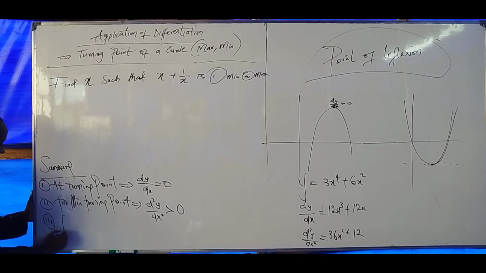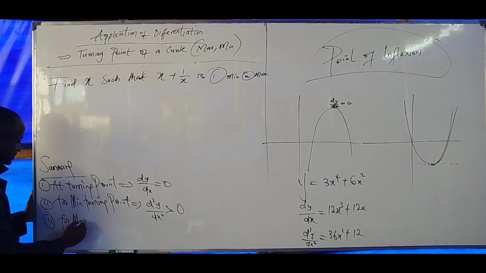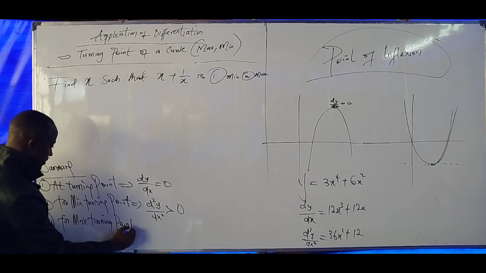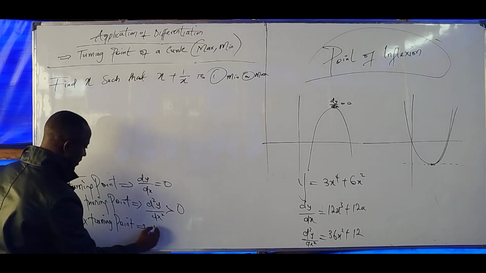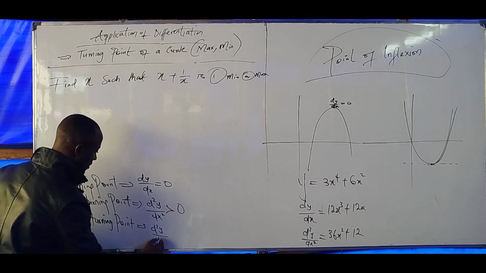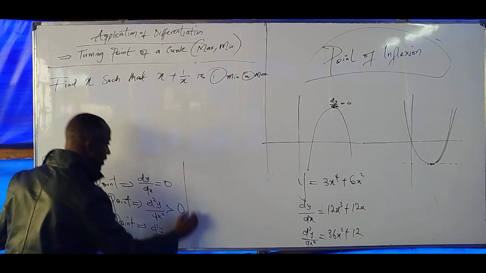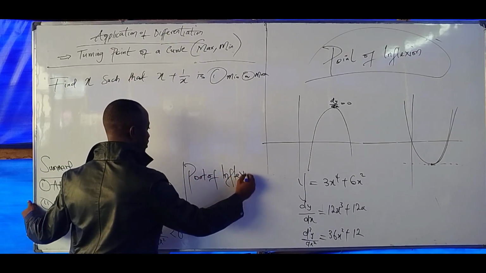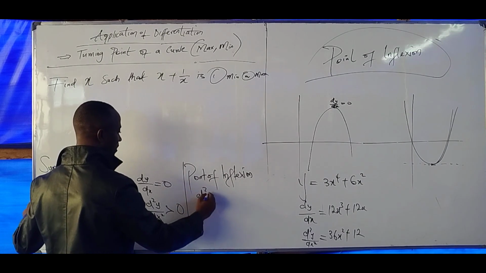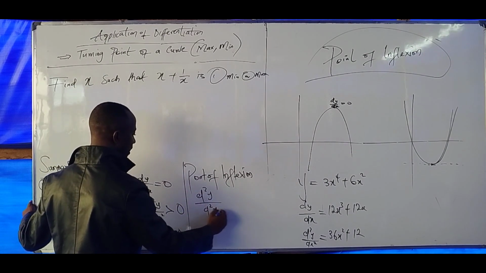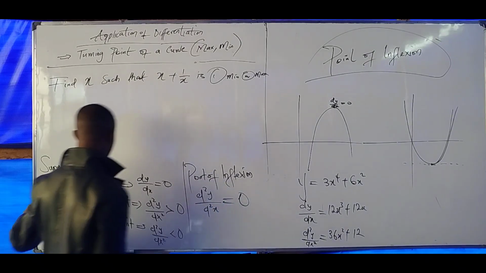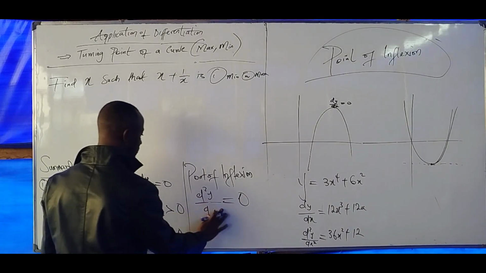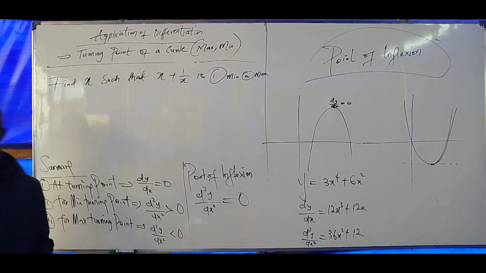Number 3, for maximum turning point, what is happening again? d2y over dx squared is less than what? 0. Then for point of inflection, what happened there? d2y over dx squared is equal to what? 0. Please put this summary down before we continue. Start with d2y over dx squared. Put it down.